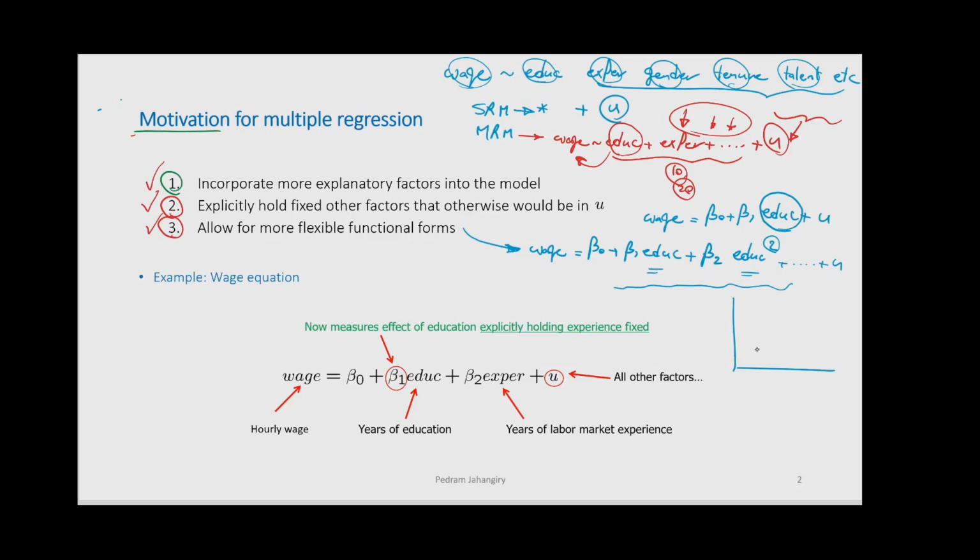So remember, last time we talked about this thing. Imagine wage versus education is like this. We said one way to deal with this is to transform this data set to a log level data set and make it like this by doing a log transformation and then fit a regression line. So this was our friend, log wage versus education.